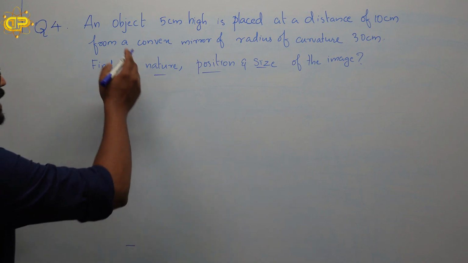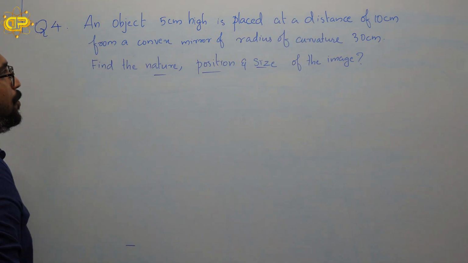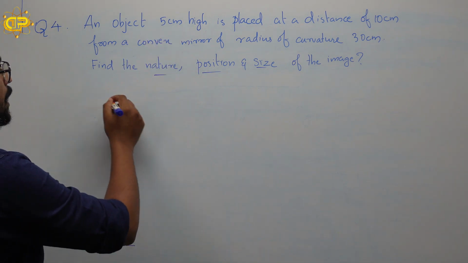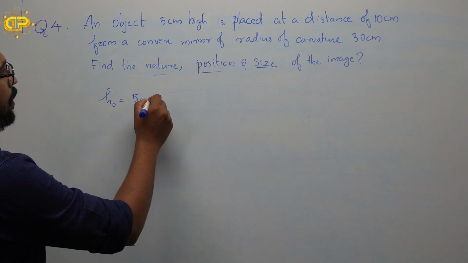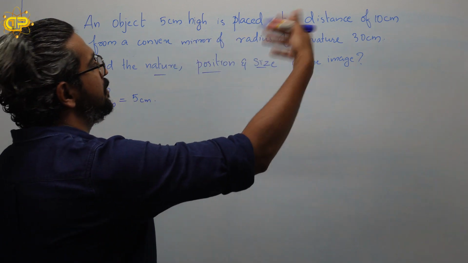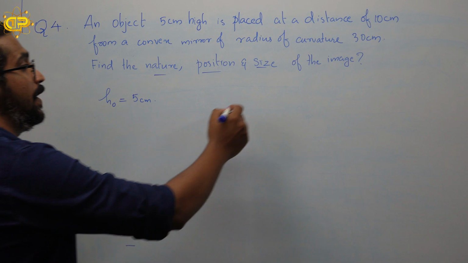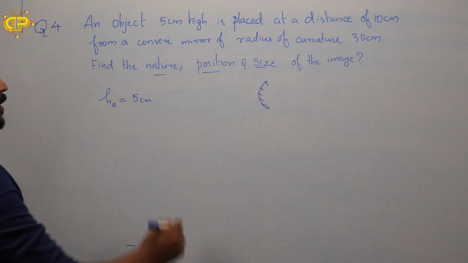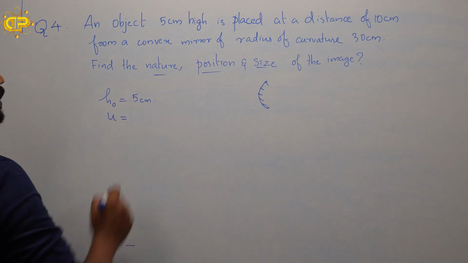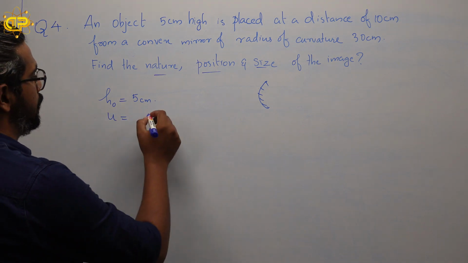Okay, first and foremost, write down the given values. The object 5 centimeter high, that is HO, is given there, that is 5 centimeter. Is placed at a distance of 10 centimeter from a convex mirror. Here it is a convex mirror or diverging mirror. And then we can say U is given there. So it is placed at 10 centimeter distance.